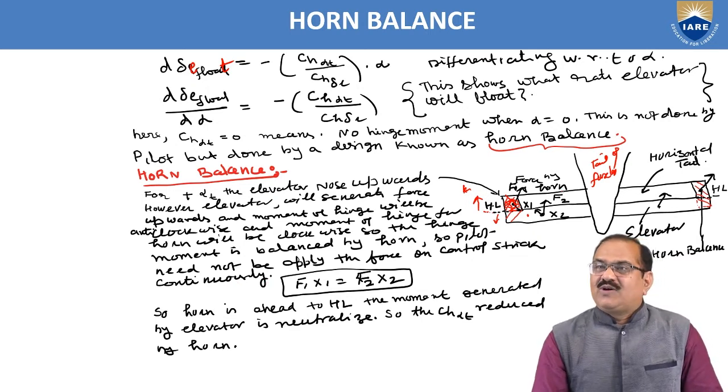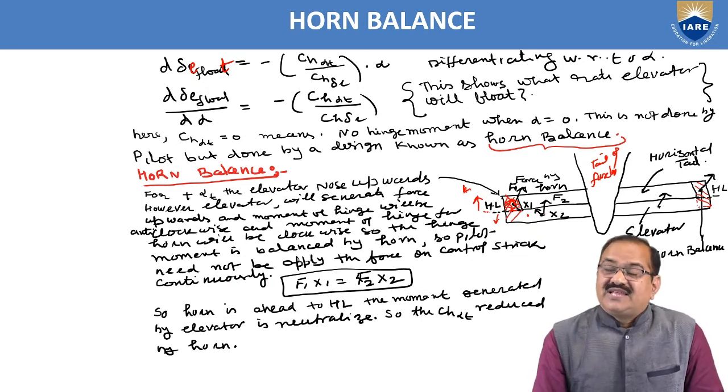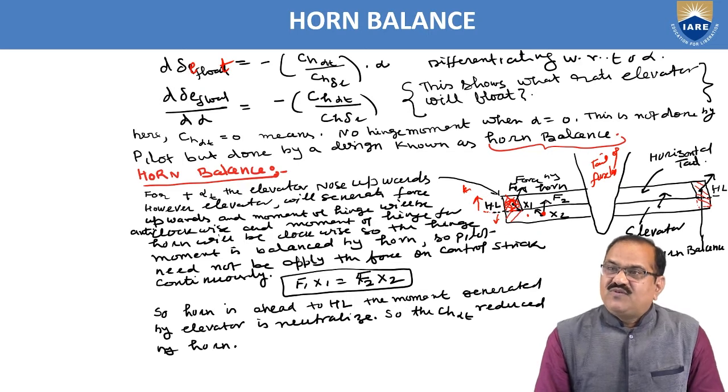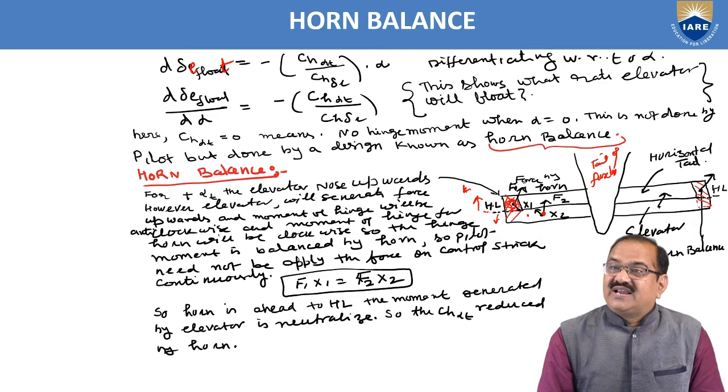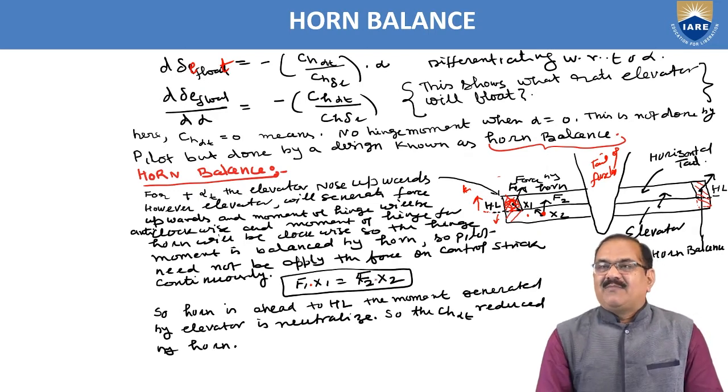Here I have shown the aerodynamic forces generated by the elevator. When you deflect down, F2 will be generated by the elevator, and F1 will be generated by the horn. So F1 into X1 is the moment generated by the horn, and F2 into X2 is generated by the elevator.